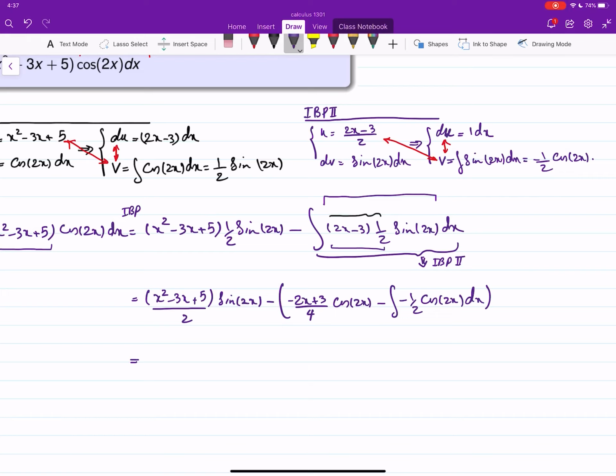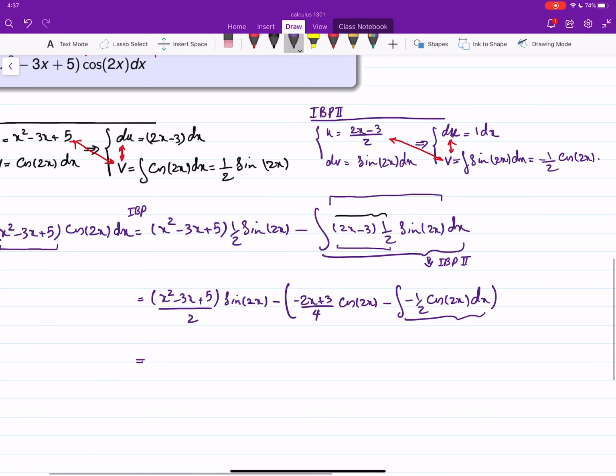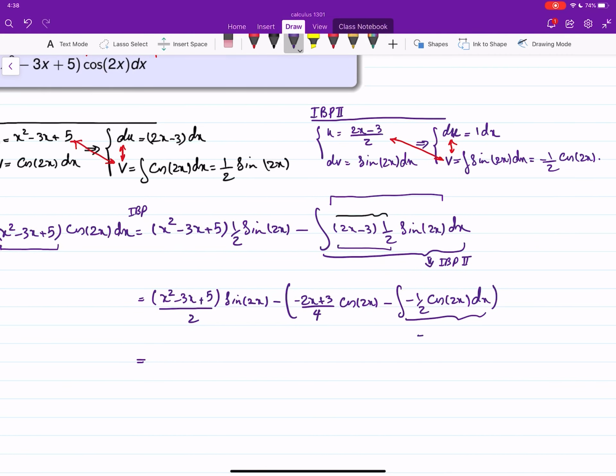Okay, now you see the last step here. This is now an easy integral to do. The whole integral will be negative 1 over 4 sine of 2x. There is a negative sign out there. There's another negative sign out there.